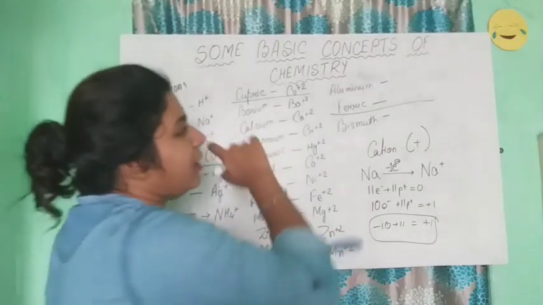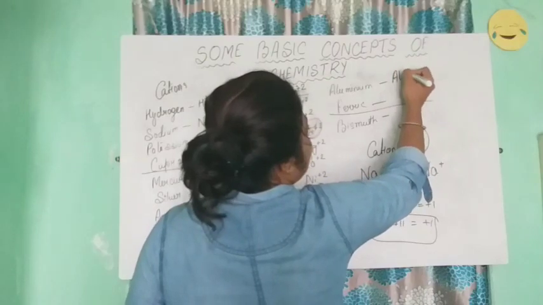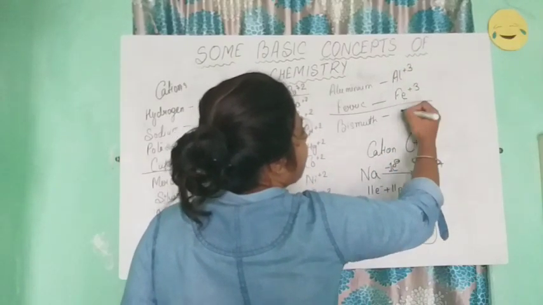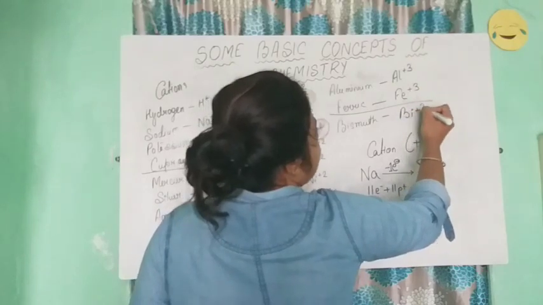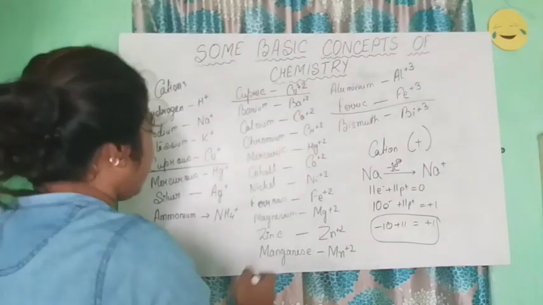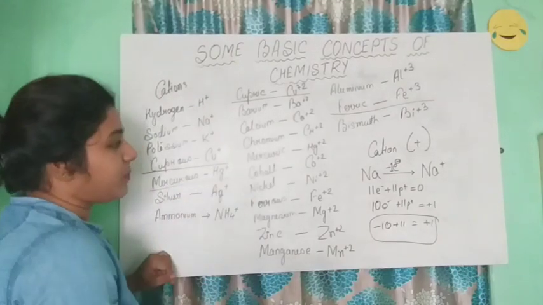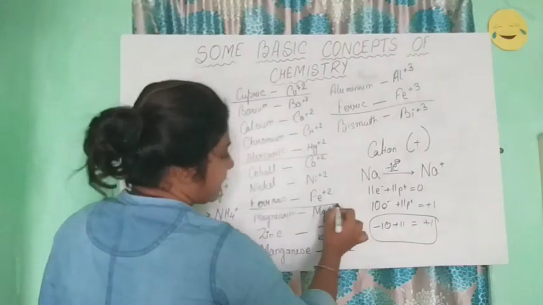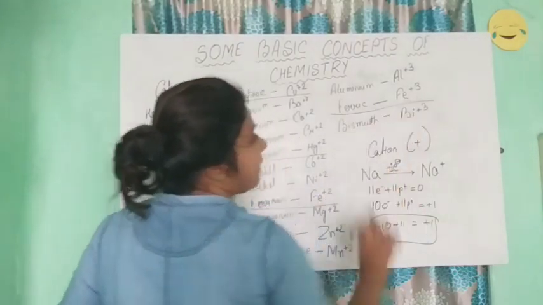Fine. Aluminium is Al+3, ferric is Fe+3, and bismuth is Bi+3. So these are the different cations you can see. Again, mercurous is Hg+, mercuric is Hg2+, ferrous is Fe2+, ferric is Fe3+.